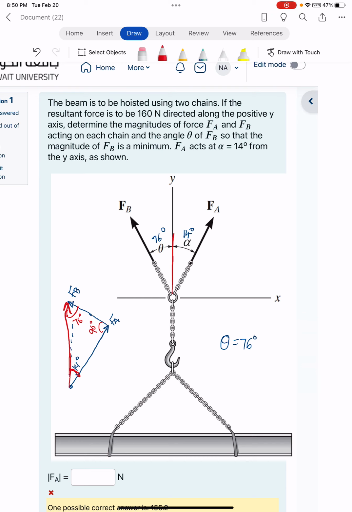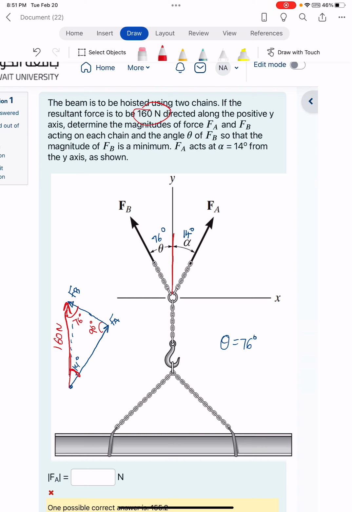Again, in order for FB to be minimum, by default, the angle between FA and FB has to be 90 degrees. This is a requirement. Okay, so the resultant force, he said it's 160, so this is 160 Newton. Okay, so 160 Newton, and you have 76 degrees, you have 90 degrees.